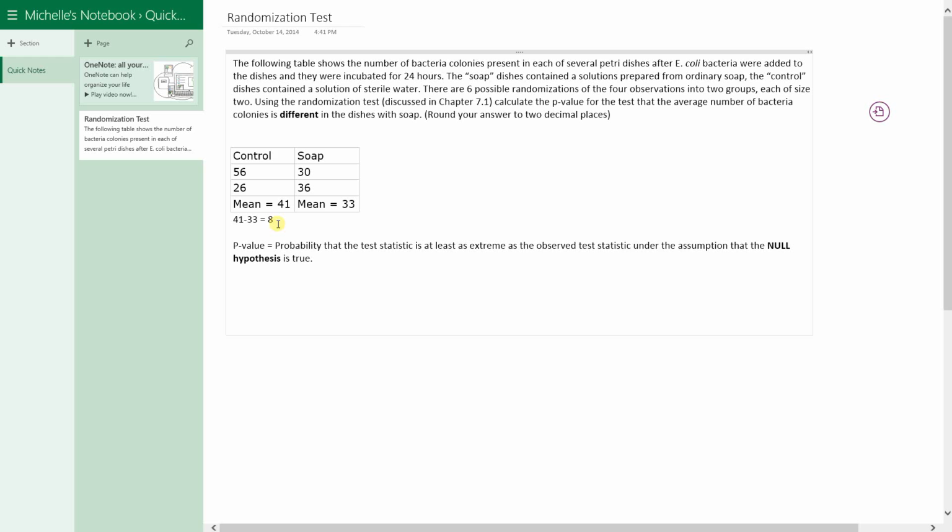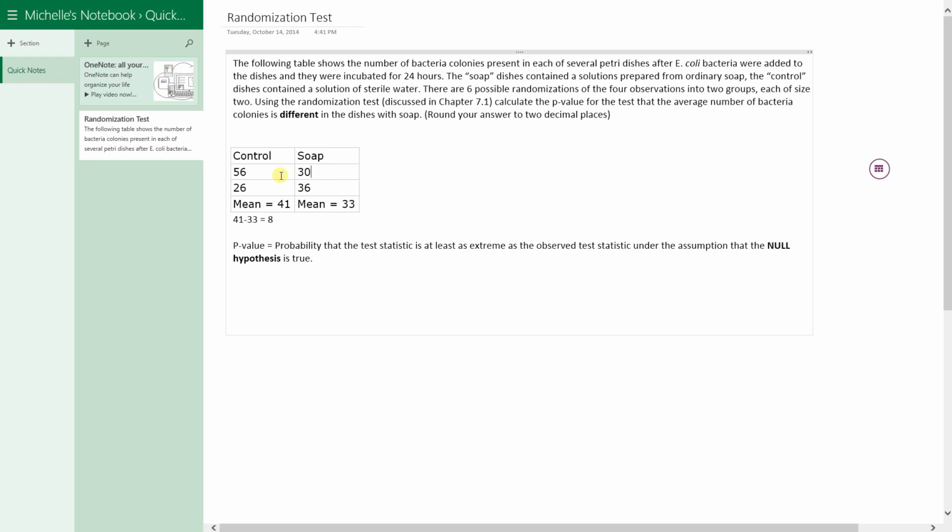However, what we need to know is, is that significant, right? Did being in the soap group have an effect on the number of bacteria colonies that were present? Was it important that soap was given to these two groups, or was it just random?